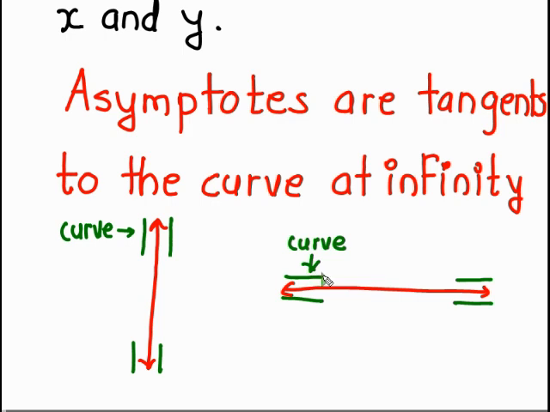For the x-axis again, the curve is like this towards infinity, touching the x-axis, similarly to the right hand side also towards infinity, touching the x-axis. So this is nothing but an asymptote. Asymptotes are nothing but a tangent to the curve at infinity, which never touches at any particular point. It touches at infinity only.